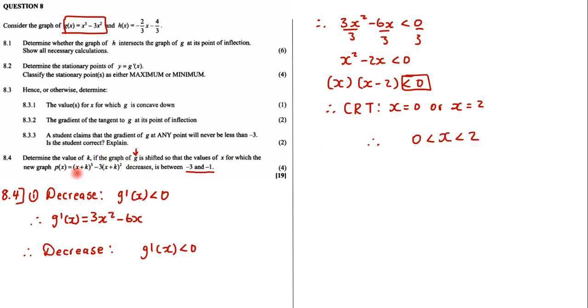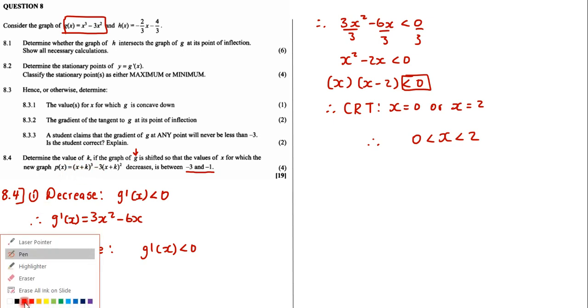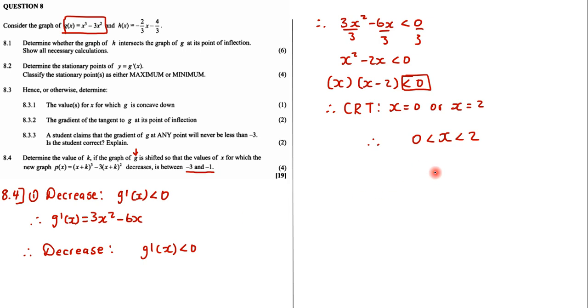Now let's say this graph is then shifted. By being shifted, it has a new interval, because this is the old interval.